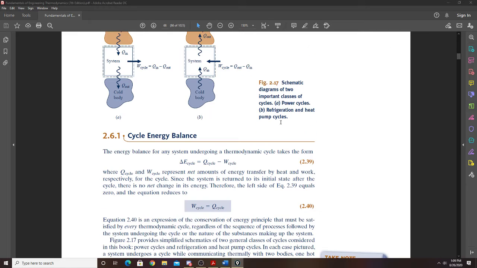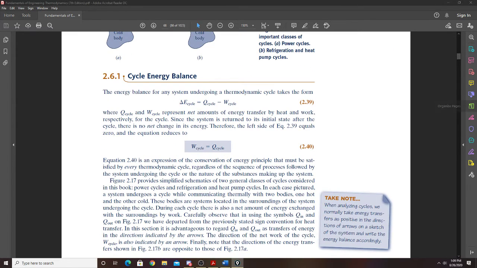Okay, so, cycle energy balance. Really quickly, it says the energy balance for a system undergoing a thermodynamic cycle takes the form of delta E cycle equals Q cycle minus W cycle, where Q cycle and W cycle represent the net amount of energy transferred by heat and work, respectively, for the cycle.